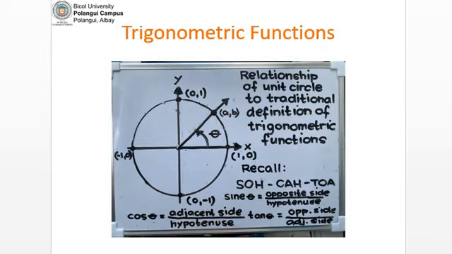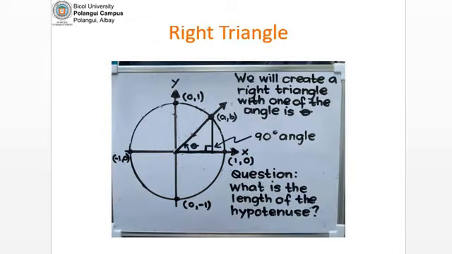What we are doing here is to get the relationship of the unit circle with respect to the traditional definition of trigonometric functions. Let us recall the SOHCAHTOA definition, where sine of theta is equal to opposite side over hypotenuse, cosine of theta is equal to adjacent side over hypotenuse, and tangent is equal to the opposite side of the triangle over the adjacent side of the triangle.